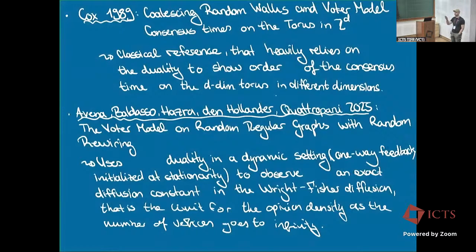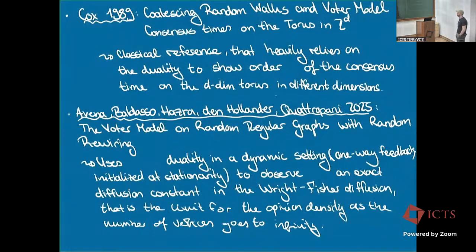So you don't have this interplay of rewiring and voter model moves, but the rewiring is not influenced by the configuration of the model. And there, a very similar duality.